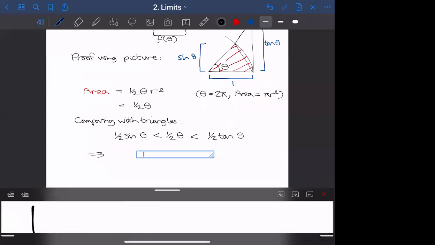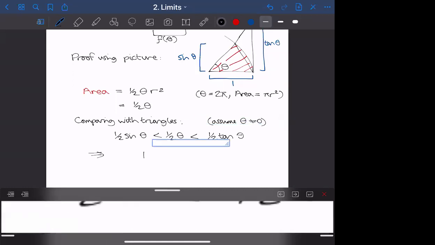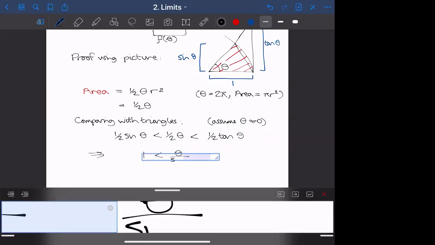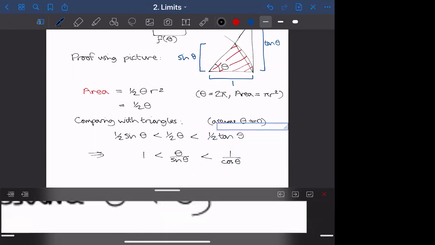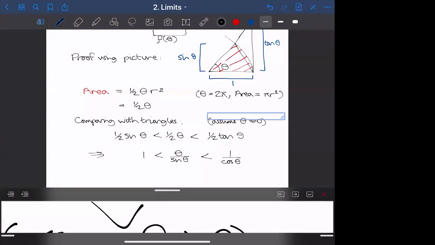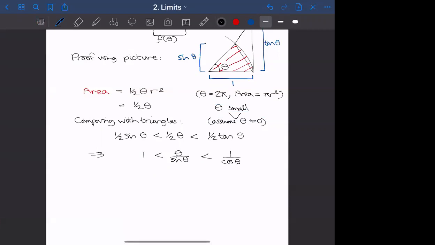So now this implies, and I'm going to assume here that theta is not equal to 0, that if I divide through by sine theta, and I'm also going to ask for theta to be small, because otherwise, if theta is pi, sine can be 0 again, so I couldn't do this.